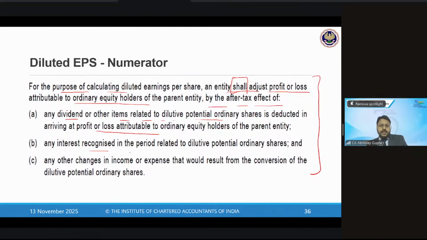Any interest recognized in the period related to dilutive ordinary shares and any other changes in the income or expense. Do you remember the adjustments for the management bonus, which we did in one numerical?